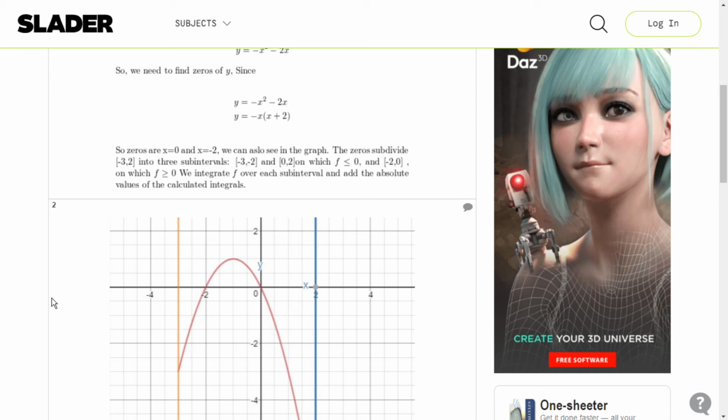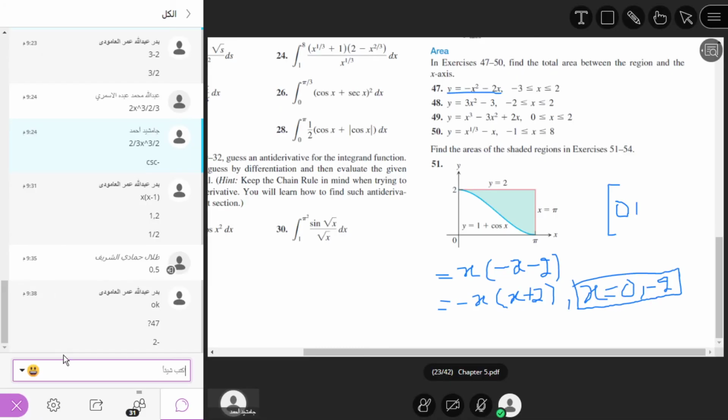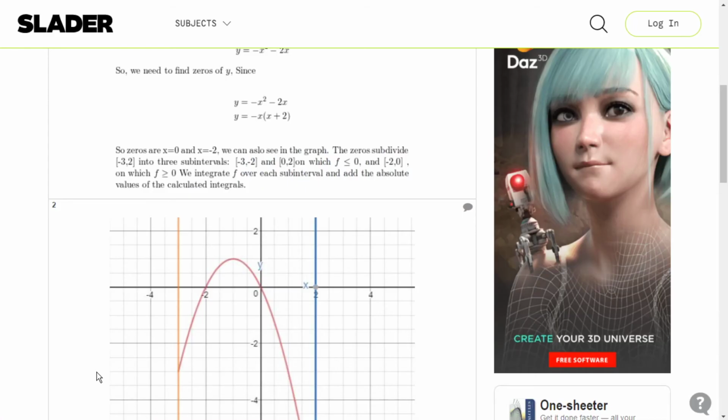Okay, so the interval will become from minus 3 to minus 1, then minus 2 to 0, then 0 to 2.